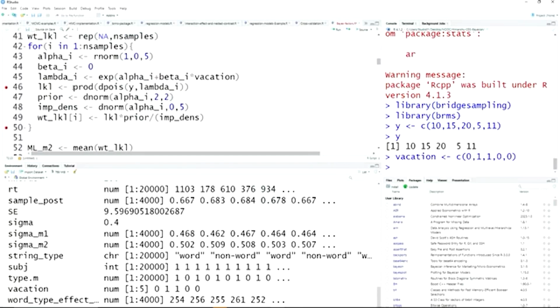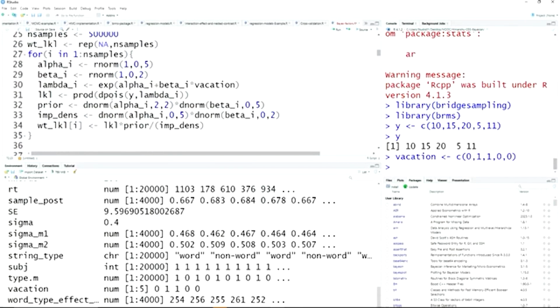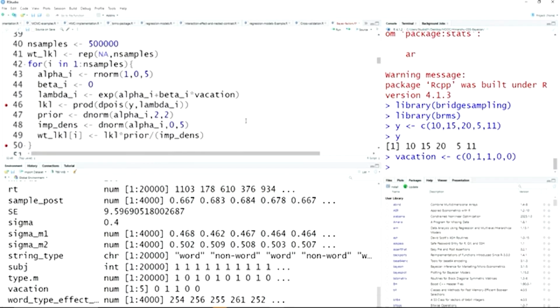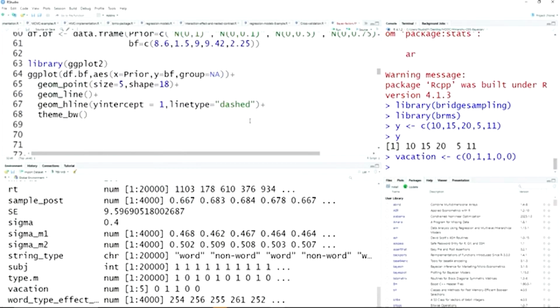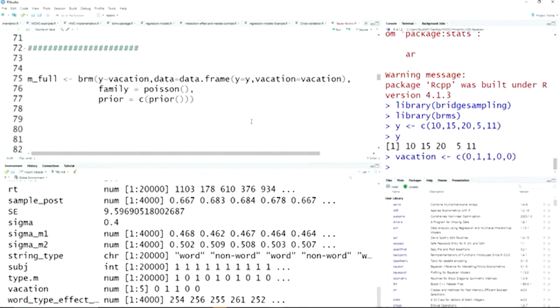For alpha, we had normal(2, 2). For beta, we had normal(0, 0.5).